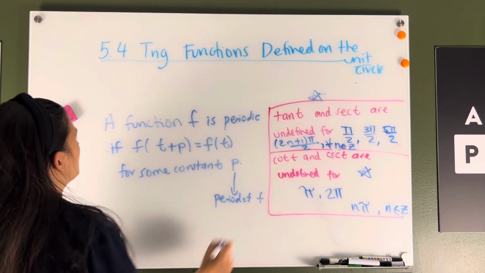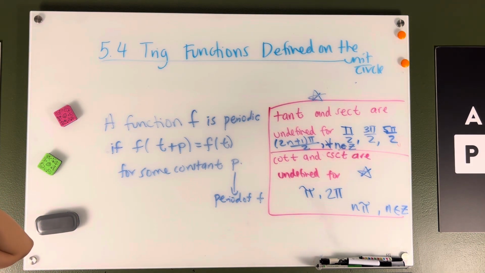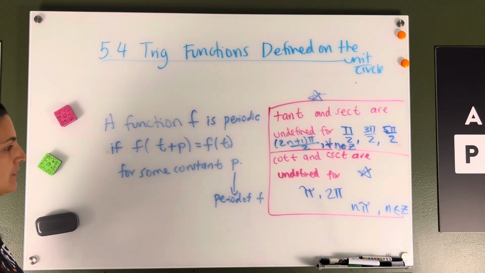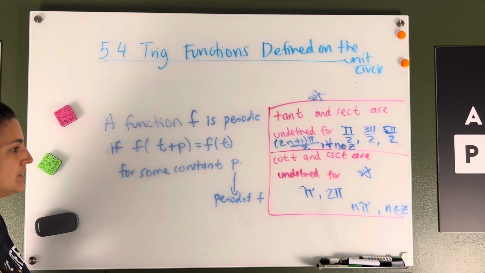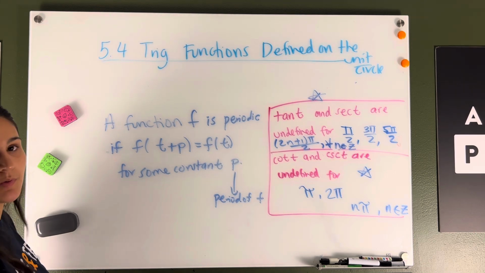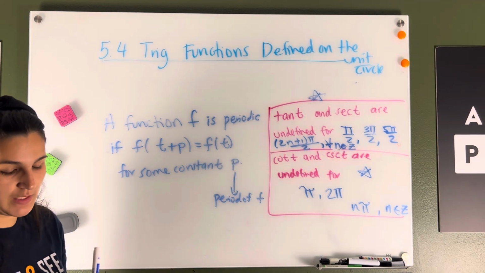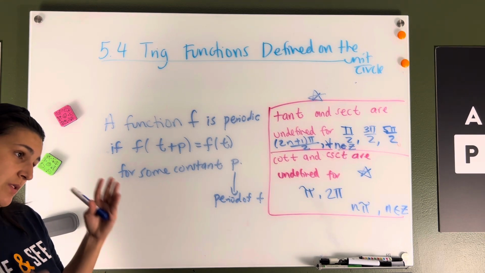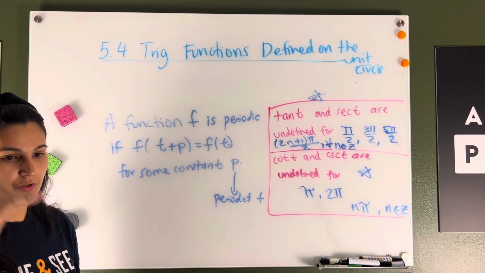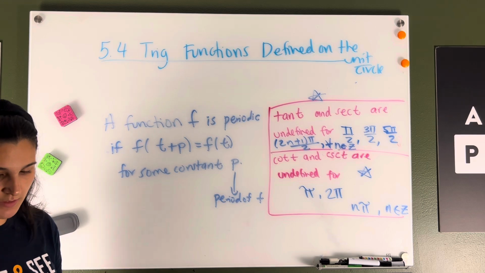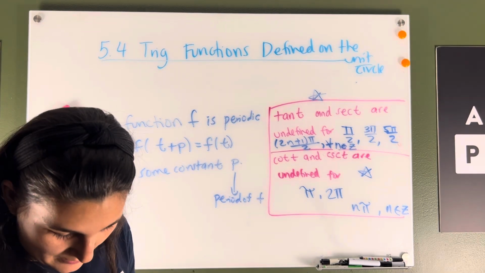Okay, so here you have that a function f is periodic if f of t plus p equals f of t, where p is some constant and it's the period. Okay, so if you see these graphed, which we will graph and take a look at, cosine, sine, it continues and it has a cycle, a period.